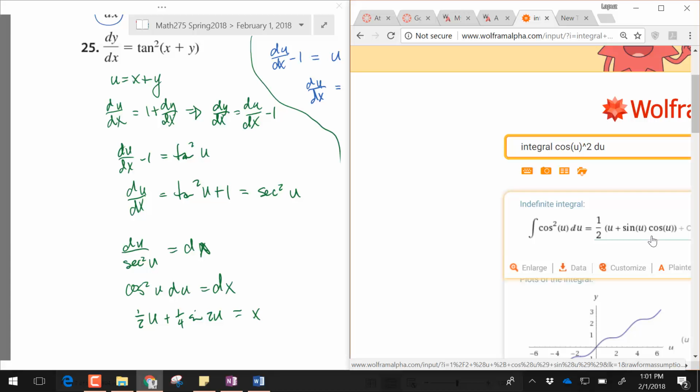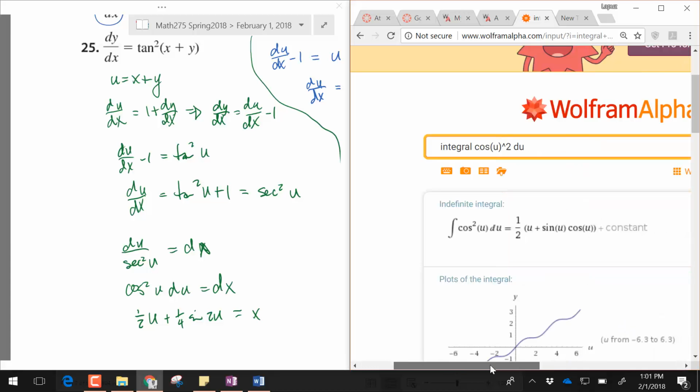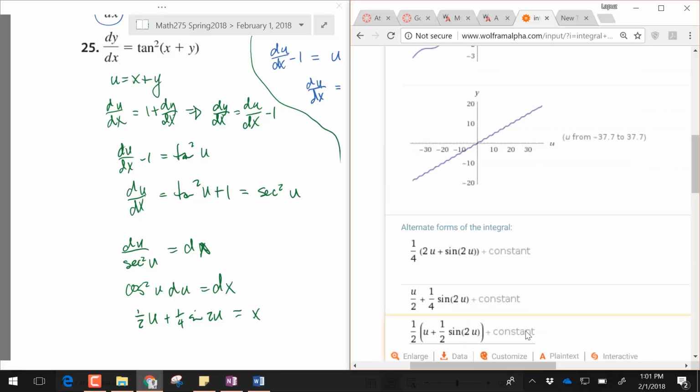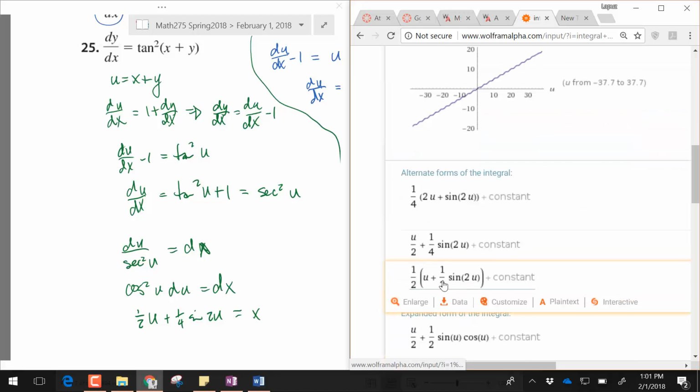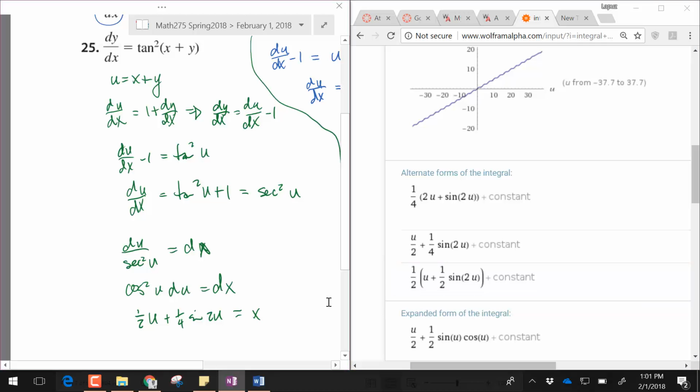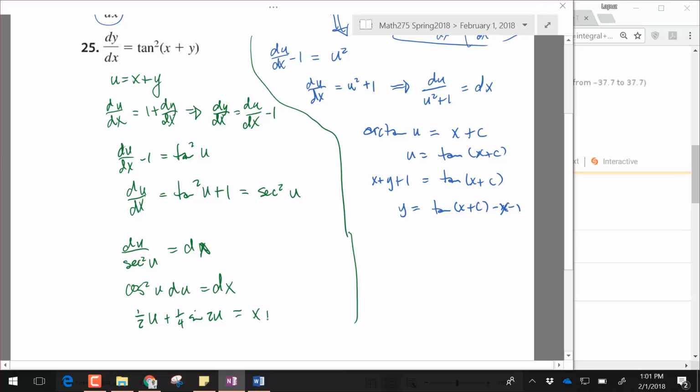Looks good. You know your half angle formulas? There he goes. All right. Let's finish this up.